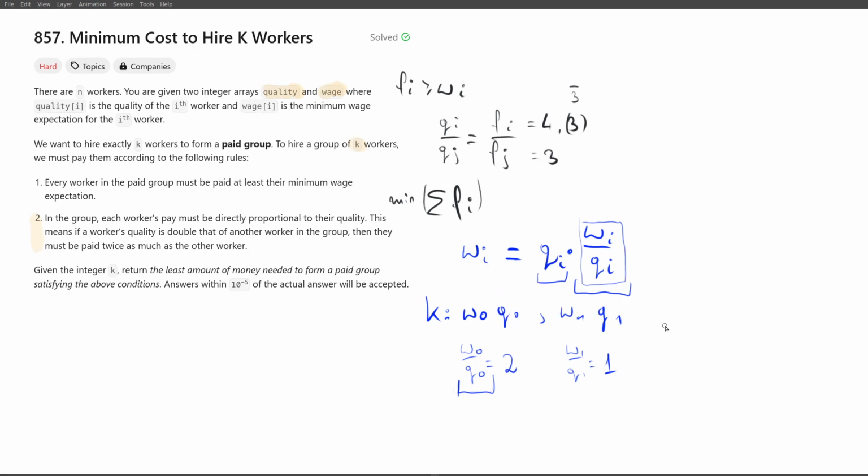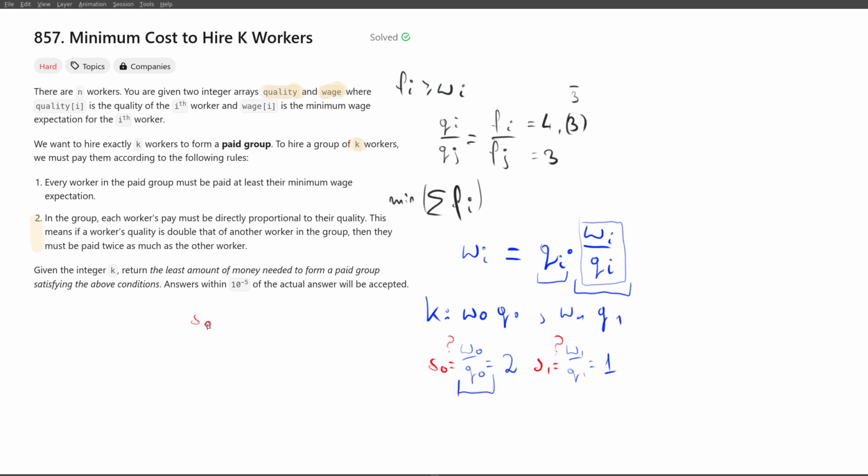More specifically, let's call these things S. So this is S0, this is S1, or at least it's possible for it to be that. We want to pay everybody their quality times a scaling factor, and we're not sure what those scaling factors have to be.